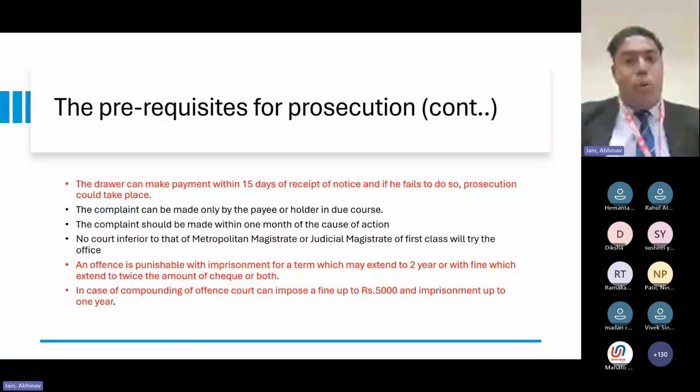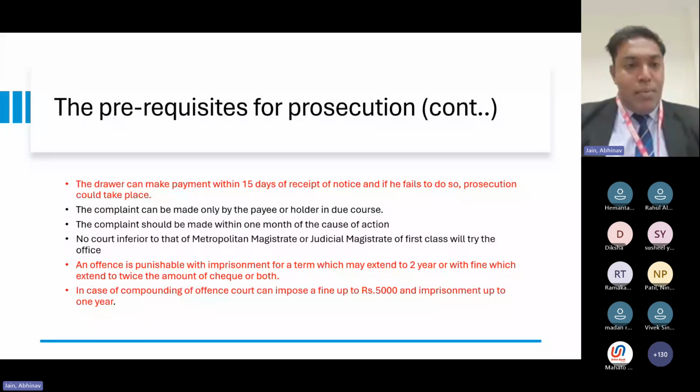Now, suppose the condition is not fulfilled and section 138 is implemented. What are the punishments in it? So let us understand what the punishment is. An offense is punishable with imprisonment for a term which may extend to 2 years, or with fine which may extend to twice the amount of the check, or both.